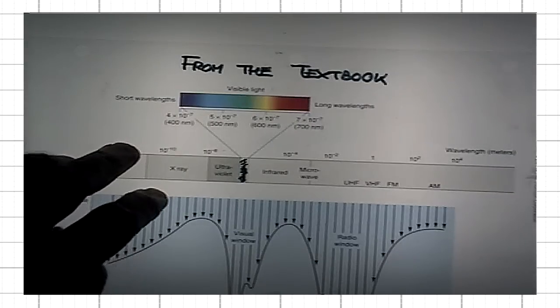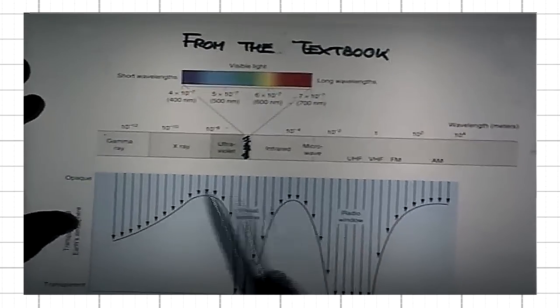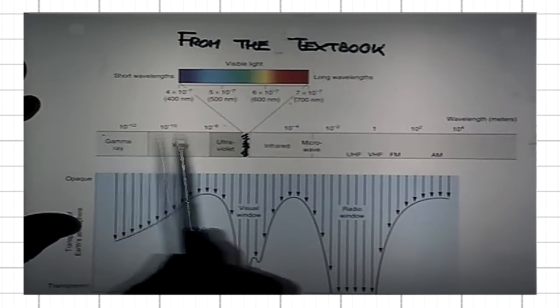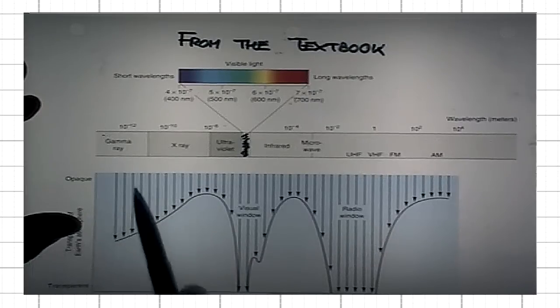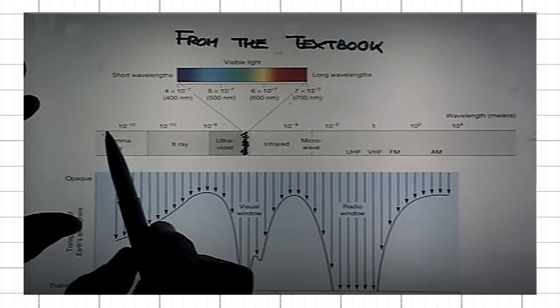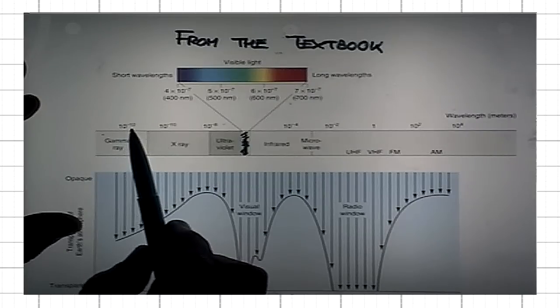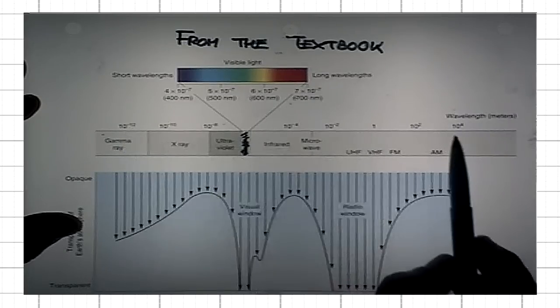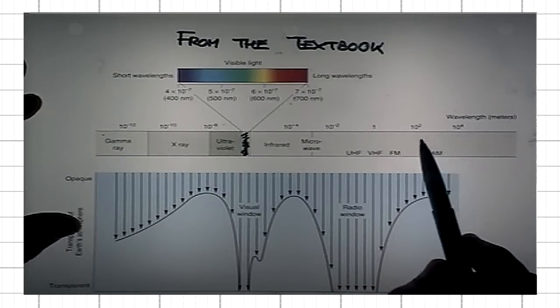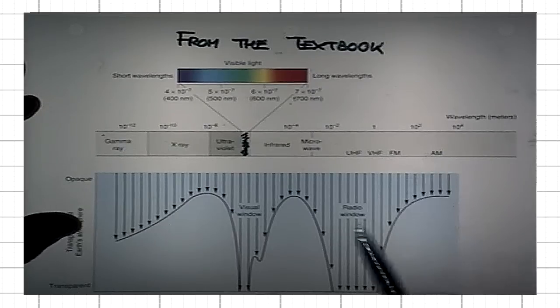So for that reason, you use this so-called logarithmic scale, which is often used in sciences, where you can put together values that range from 10 to the minus 12 meters to 10 to the 4 meters, which is 16 orders of magnitude. Okay?